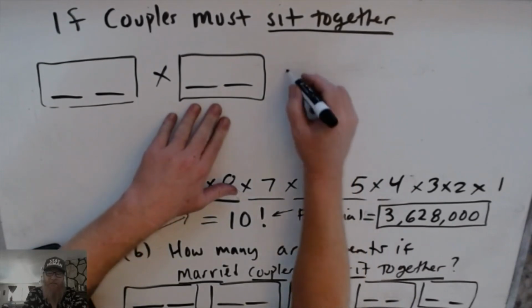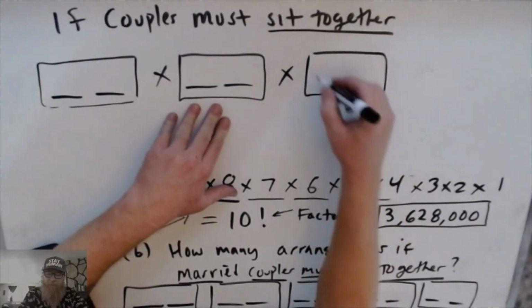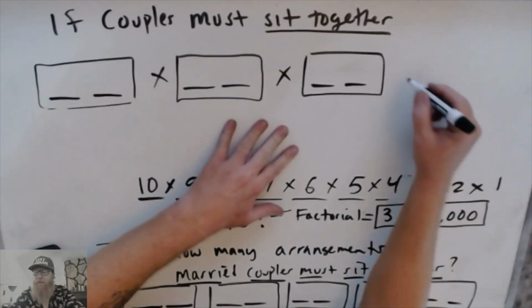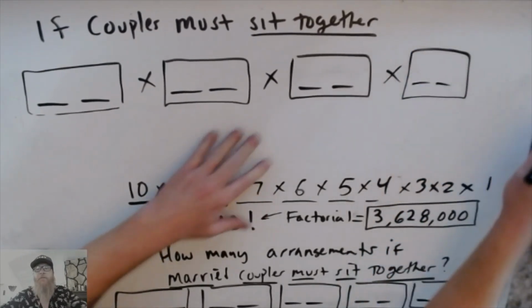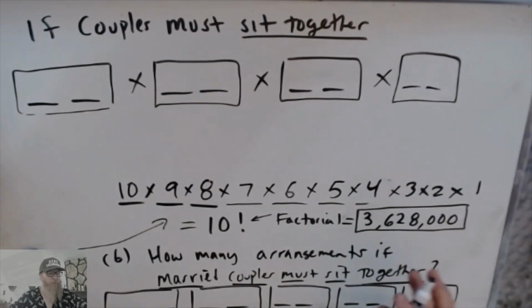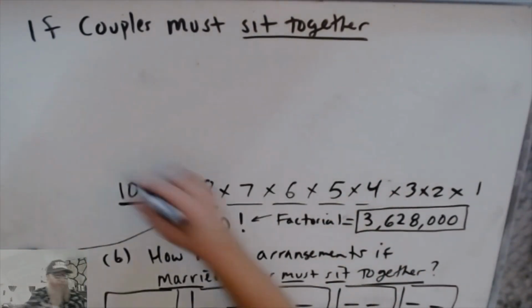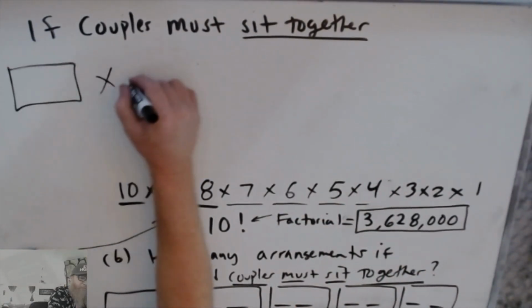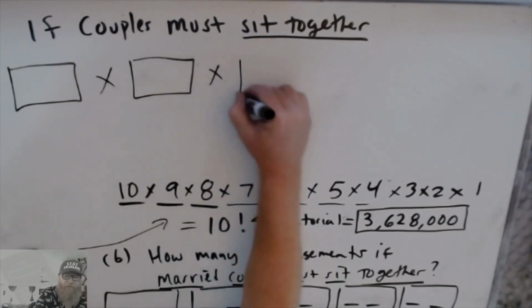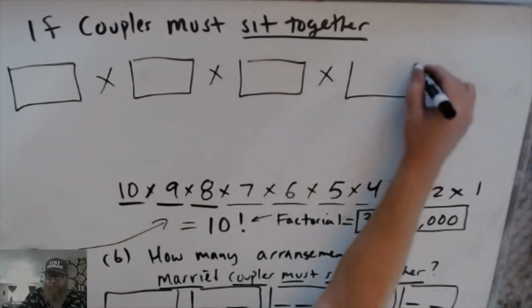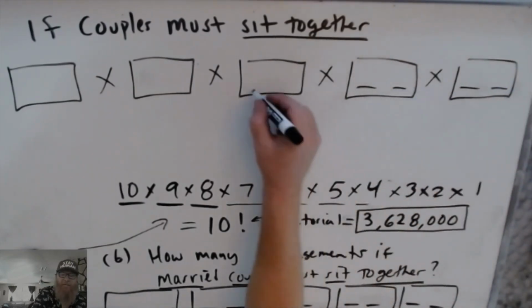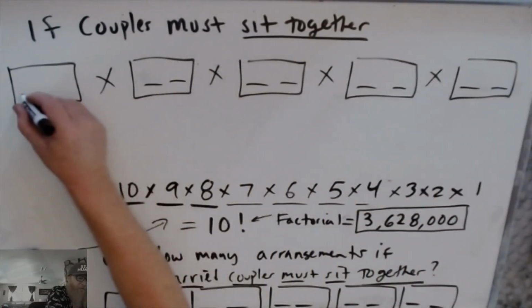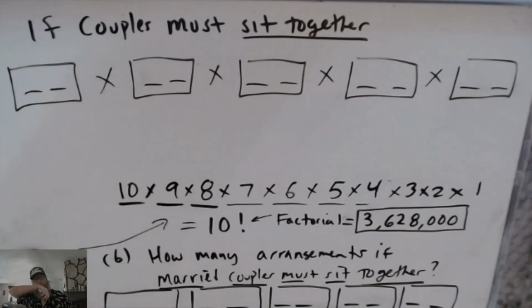These two seats are occupied by a couple. These two seats are occupied by a couple. Two more. Oh, no, I drew them too big. Sorry. I'll try it this way. There we go. So I got two seats in each box. Okay. And there's 5 couples.